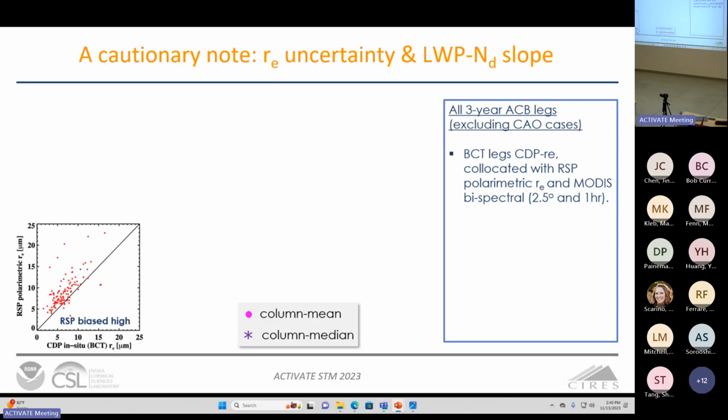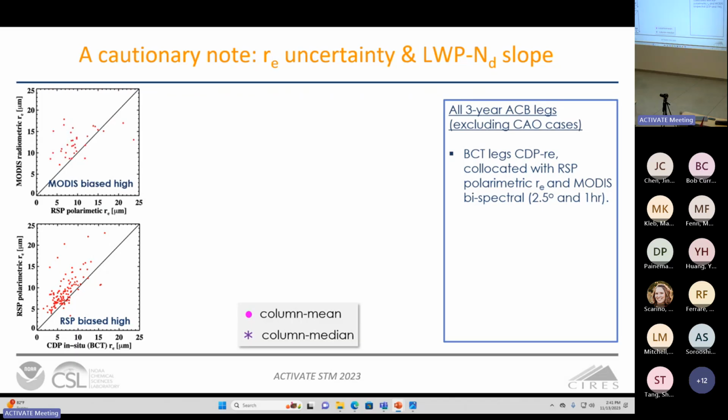This is how in situ compares with RSP polarimetry effective radius. You see there's a positive bias in RSP, and when I put RSP as the X function and MODIS bispectral retrievals, you see MODIS overestimates relative to RSP. So MODIS is the furthest away from the in situ.